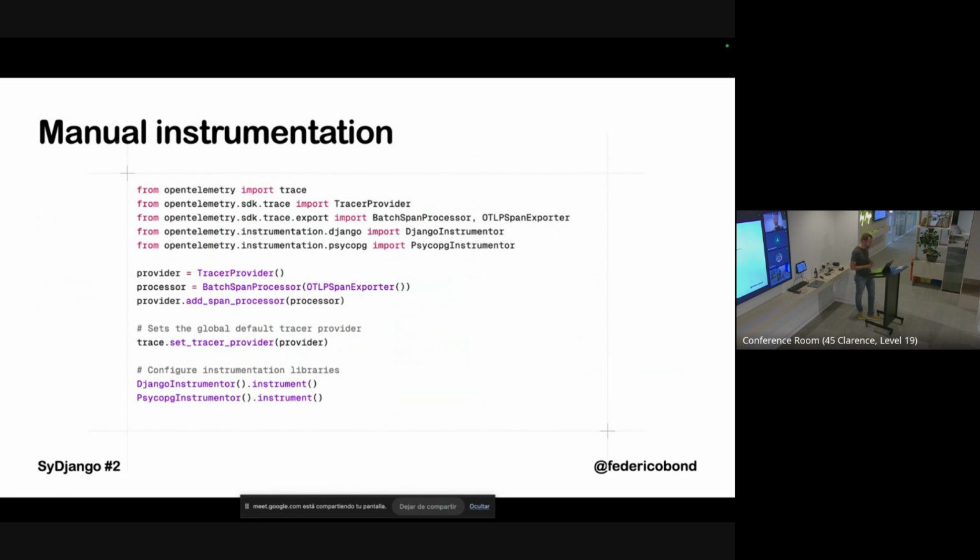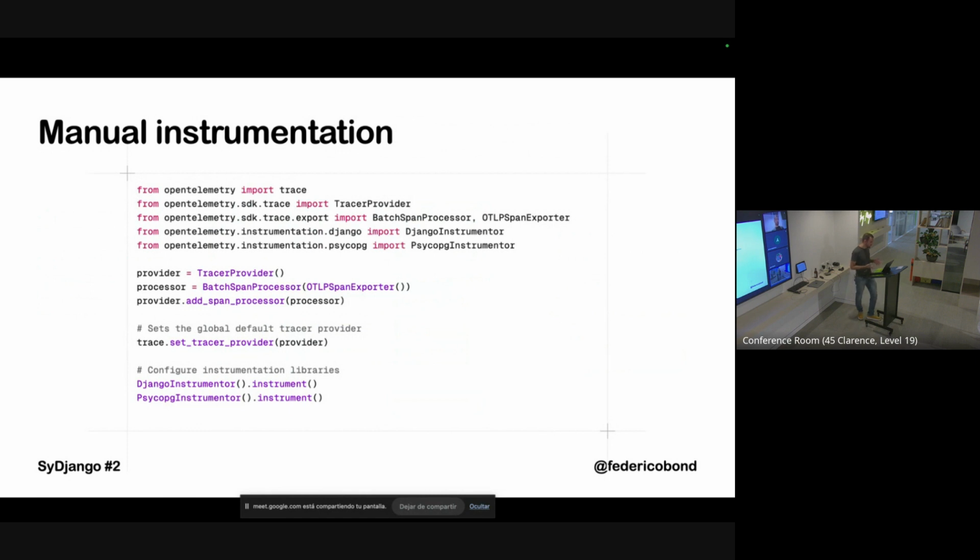Here I'm configuring what's called a tracer provider, which is going to be the implementation that we're going to use then in our app to generate traces. And I'm configuring this OTLP span exporter that's going to use the OpenTelemetry protocol to push those events to a vendor that I have configured via environment variables.